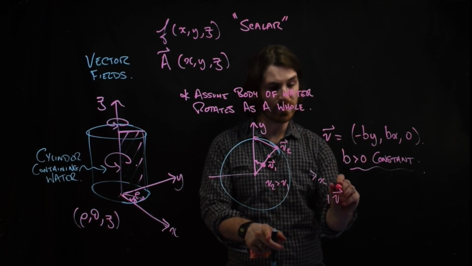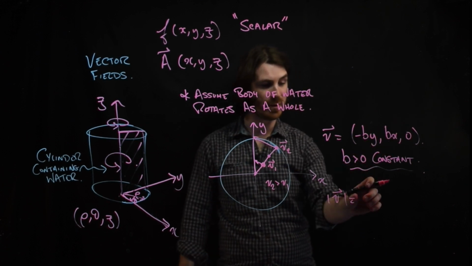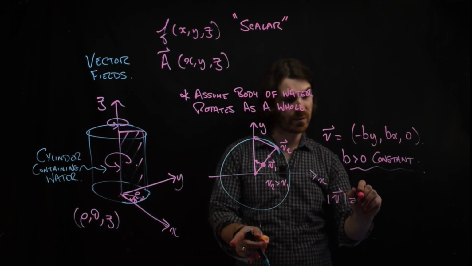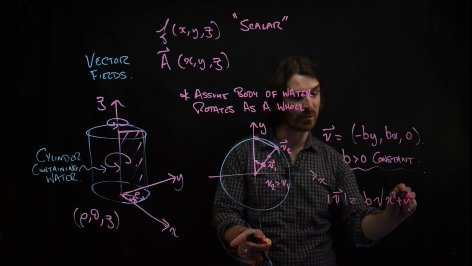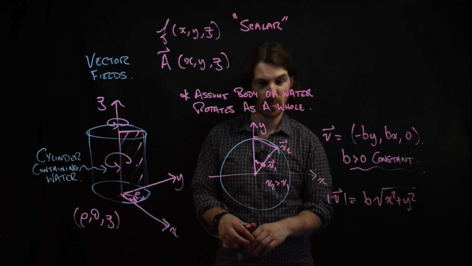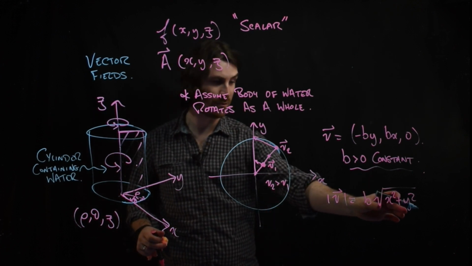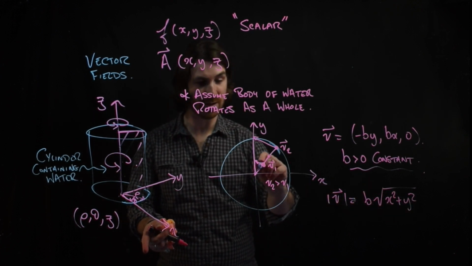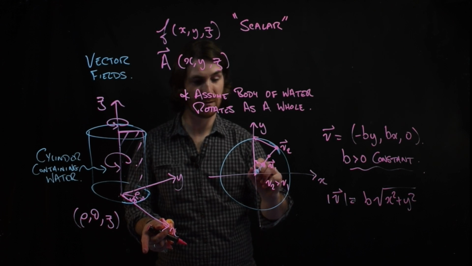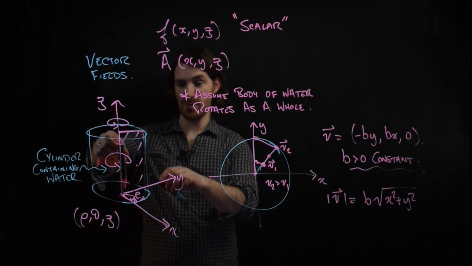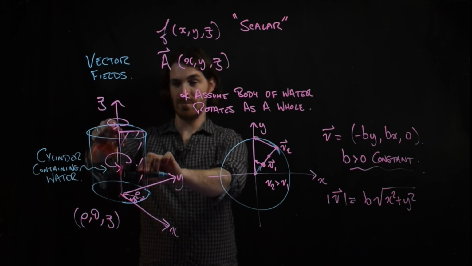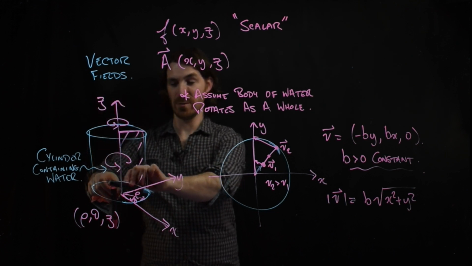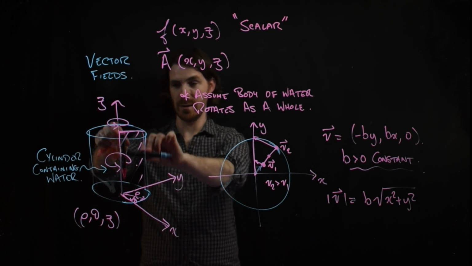The magnitude of v is equal to the magnitude of this vector, and the magnitude of this vector is b times the square root of x squared plus y squared. The square root of x squared plus y squared is nothing other than the radial distance of your point from the axis, at any z. So we're thinking about planes parallel to the xy plane.